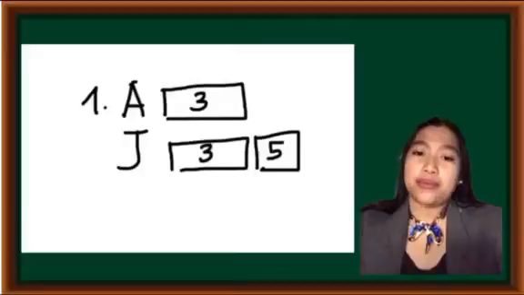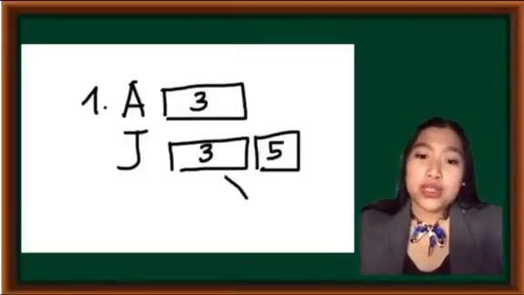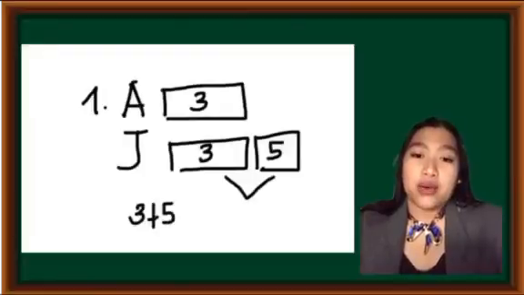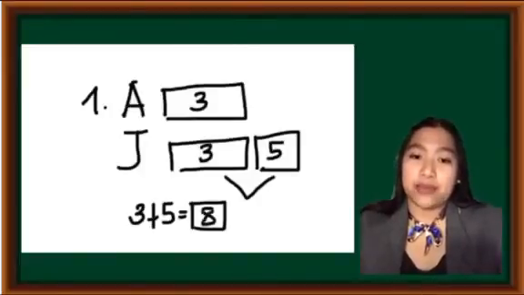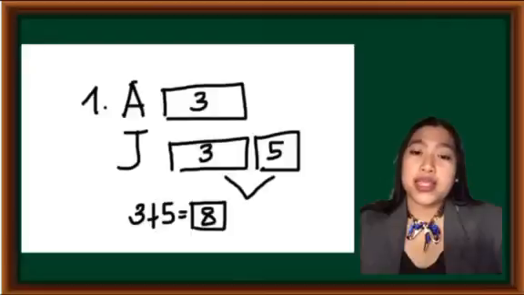So, to know how many cupcakes Joshua cooks, we will add 3 plus 5. 3 plus 5 is equals unknown. And then when we add it, 3 plus 5 is 8. So, Joshua cooks 8 cupcakes.